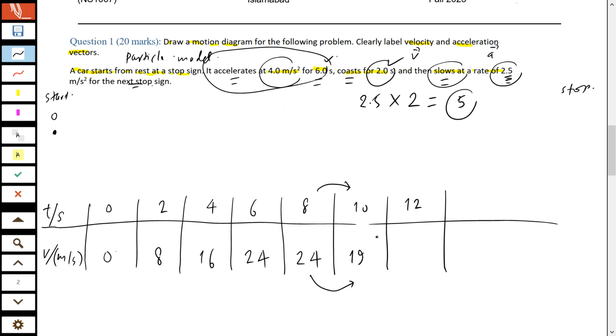You subtract 5 from 24 and you get 19, right? And what happens next? Because here again 2 more seconds, this 5 was the change in 2 seconds. It will be subtracted again from that value, and now you get 14. So remember, 24 minus 5 is 19, 19 minus 5 is 14. Just like you do in an arithmetic sequence.